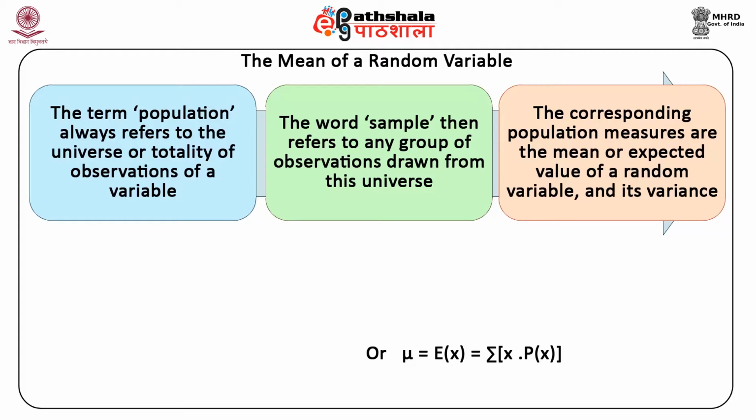The corresponding population measures are the mean or expected value of a random variable and its variance.